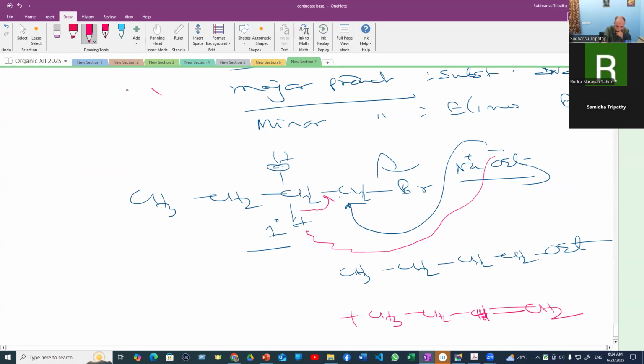This is 90% and this is 10%, and that is E2. This one is SN2, because they are good strong bases and also strong nucleophiles. This is E2.